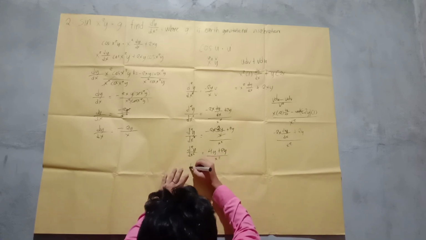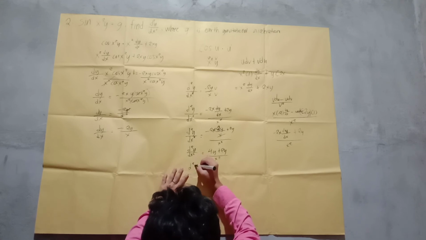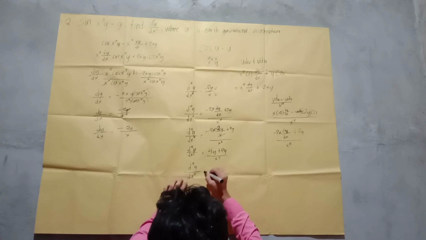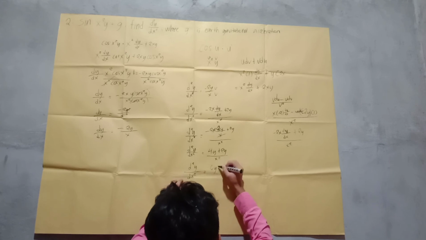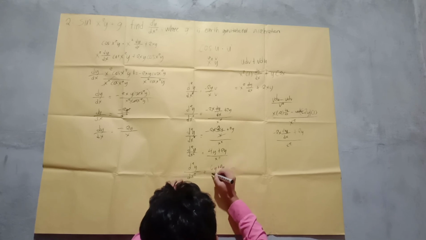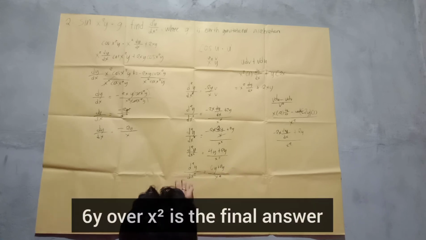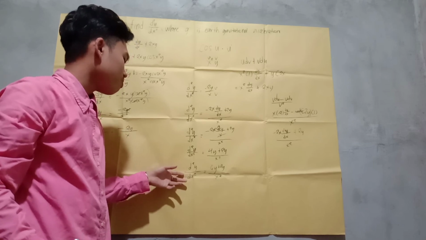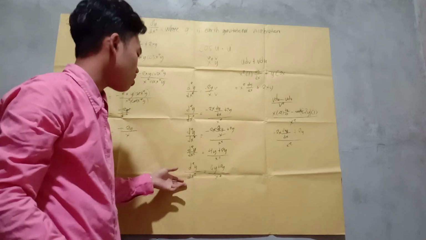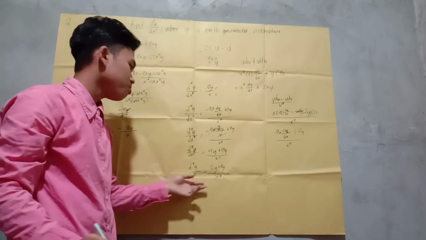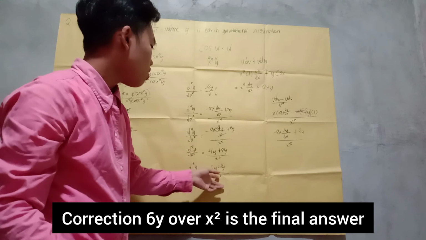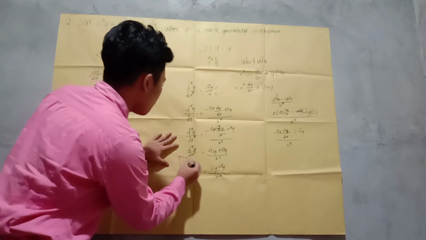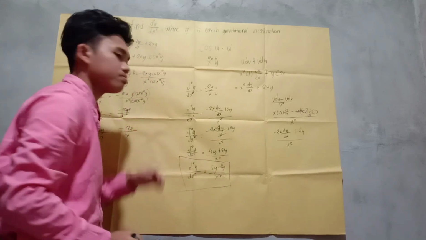So the second derivative of y over the second derivative of x will be 6y over x squared. So this is the answer to number 2. Thank you.